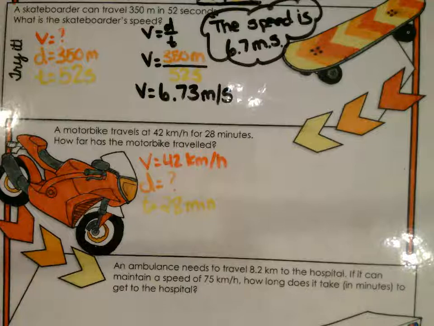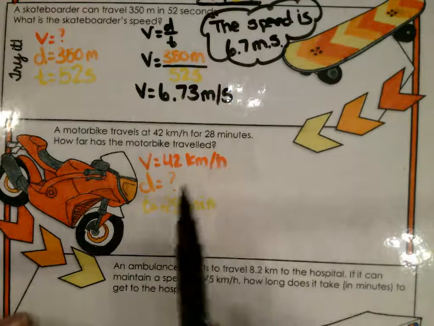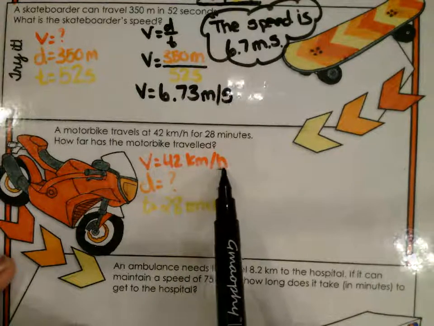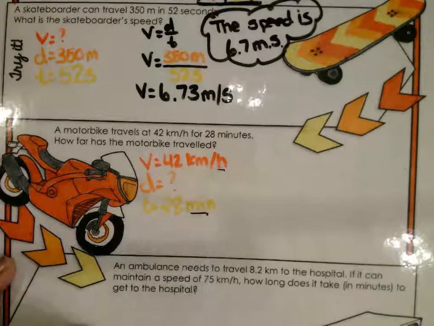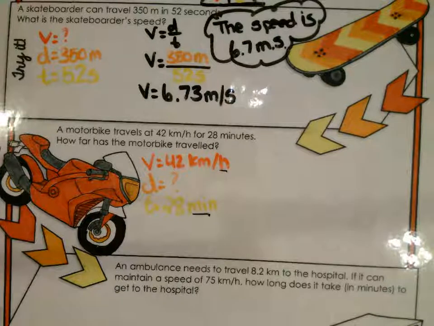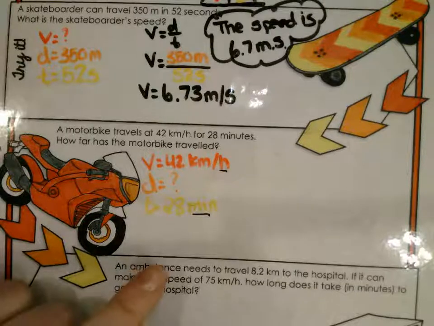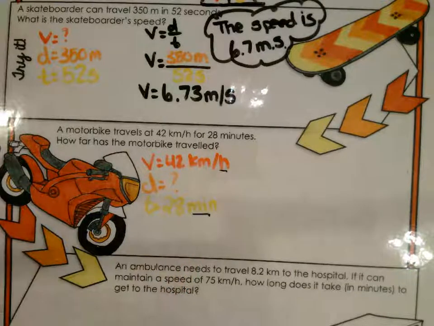But before we can get started, we've got a problem. Our velocity was given to us in kilometers per hour, and our time was given to us in minutes. Our units have to match before we can work through the problem. So we need to convert these minutes into hours.